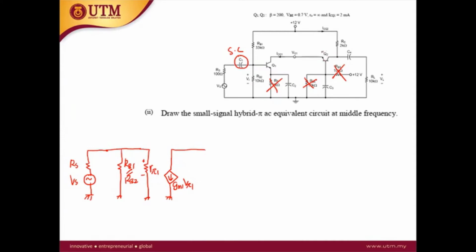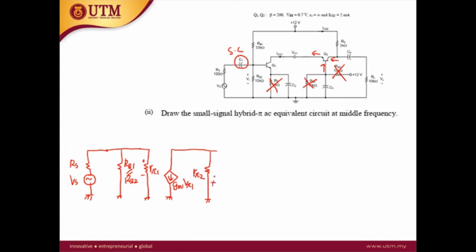Now the Q2 is the NPN, so the current direction is here. Between base and emitter we have the R pi 2 and the voltage V pi 2.